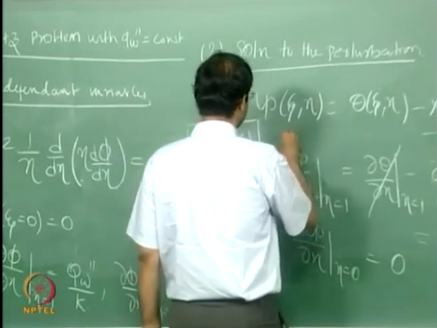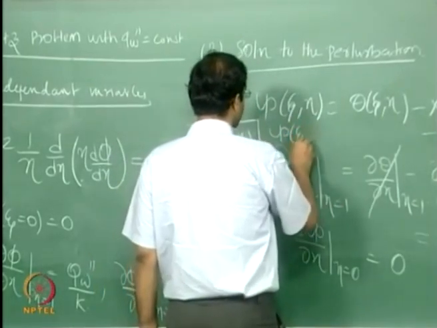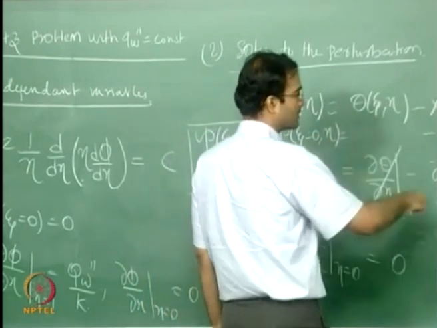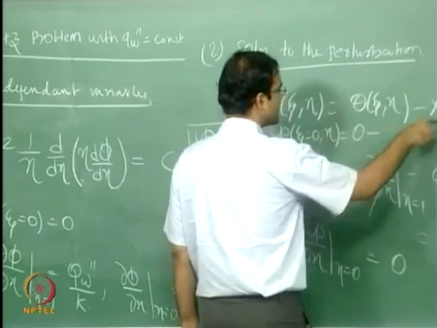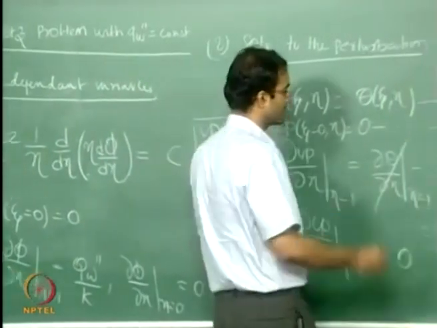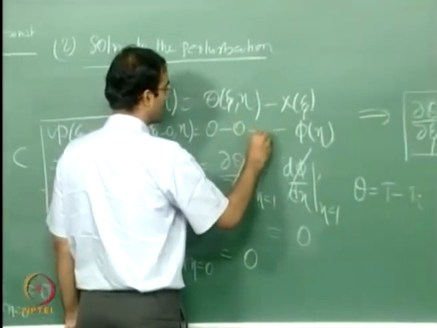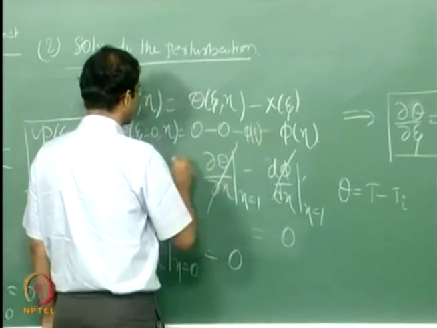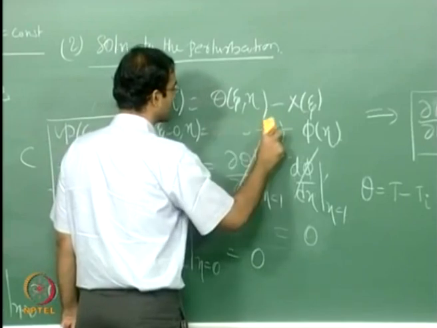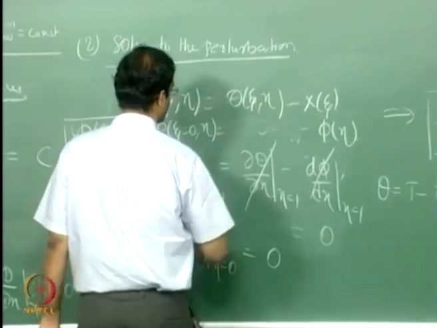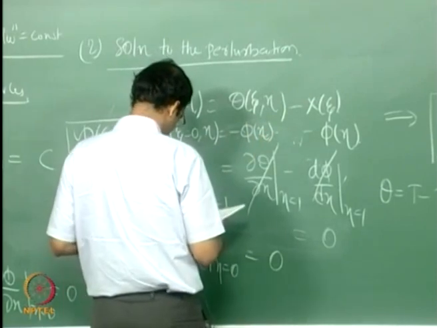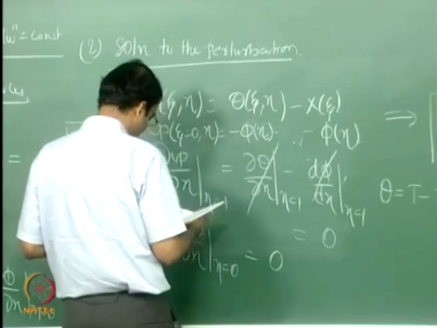So therefore at zeta equal to 0, your psi at zeta equal to 0 comma eta will be theta at zeta equal to 0, which is 0, minus x of 0, which is again 0, minus you have phi of eta. So therefore the boundary condition becomes minus phi of eta. Okay, so these are the boundary conditions.